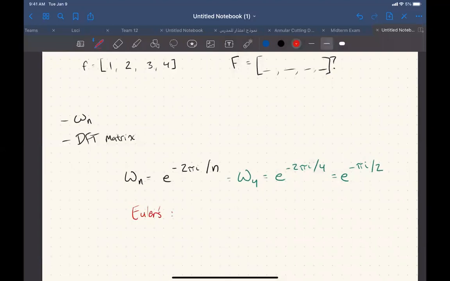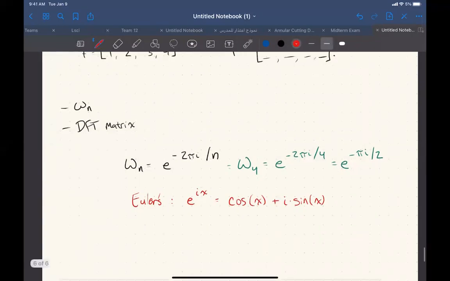Euler's formula says that e to the ix, a complex exponential, is equal to the sum of cosine x and i times sine of x.